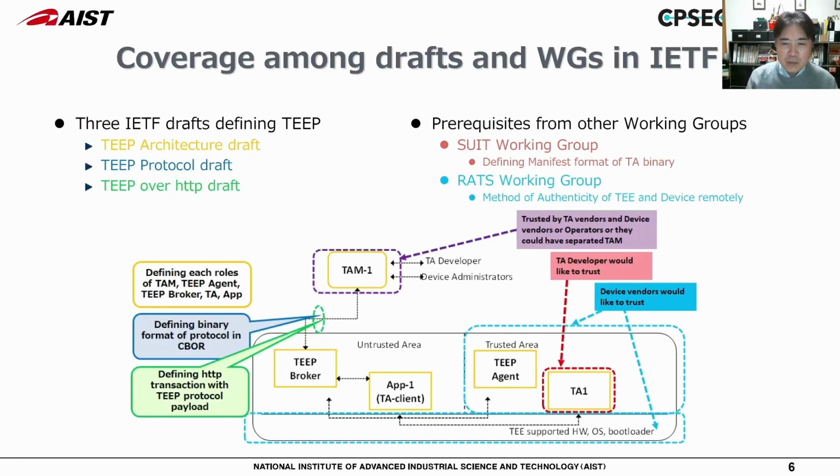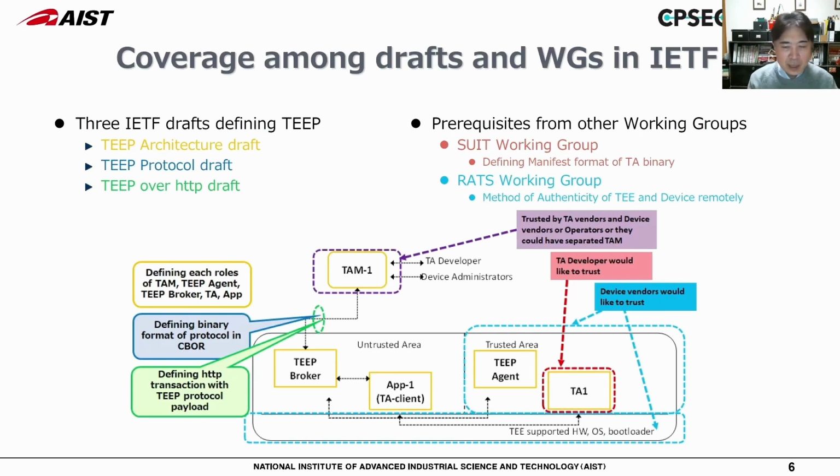Now it's getting to the fun part. In the chart, there's something called TAM. That's the server for TEEP. It's an abbreviation of Trusted Application Manager. In the device, the bottom has an untrusted area and a trusted area. What the trusted area and the untrusted area are, I'm going to explain later in the slides.